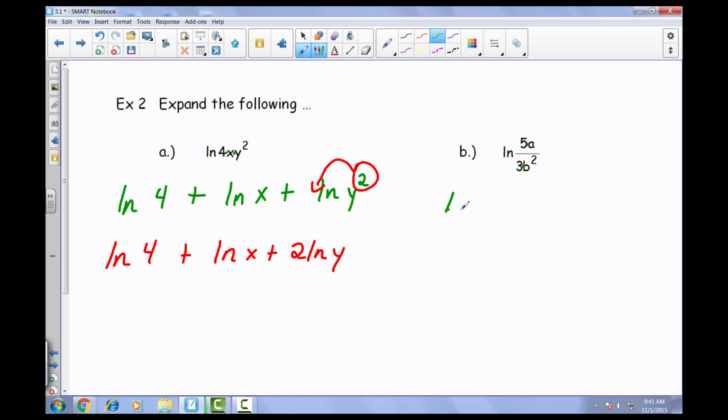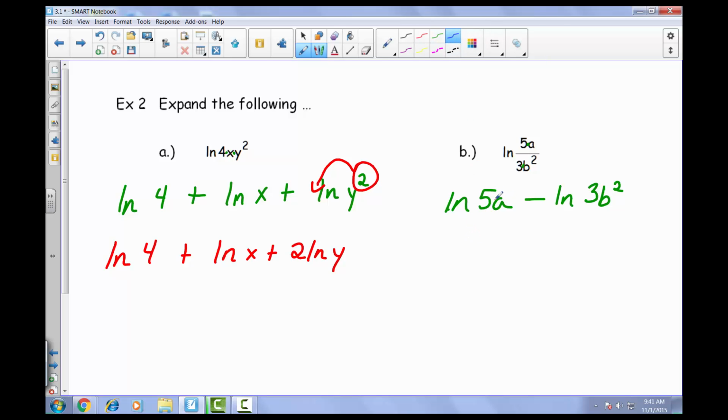So when we start out, we have the natural log of 5a, and instead of that division symbol, we're going to subtract, again using that quotient property with logs, the natural log of what's on the bottom, so the natural log of 3b squared. So again, essentially just broken these up based on that quotient property.